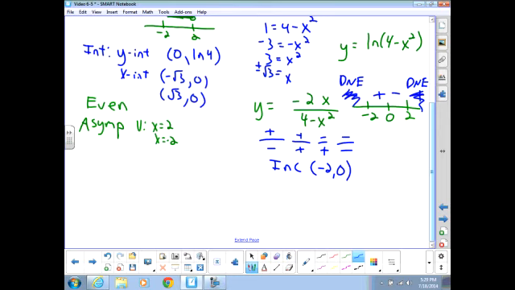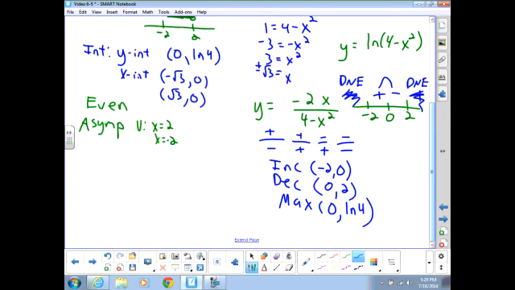So in fact, our only increasing spot is going to be from negative 2 to 0. Your decreasing is going to be from 0 to 2. That means when you go from increase to decrease, you'll have a max. Our max is going to be at 0 comma something. We know that's at natural log of 4.